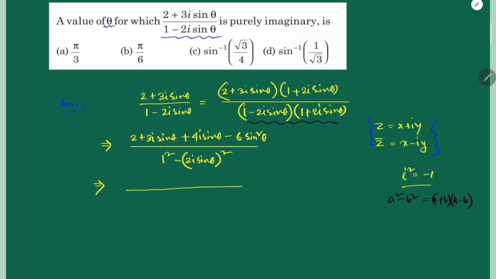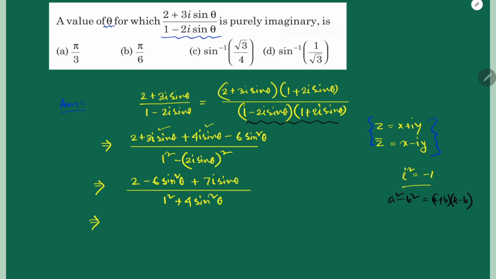So now by this formula, 1 square minus (2i sin theta) whole square. Here we can write together the real parts and imaginary parts. So 2 minus 6 sin square theta is the real part, and the imaginary part will be i into 7 sin theta, and the denominator 1 square minus, this minus will be minus 1, so plus 4 sin square theta.